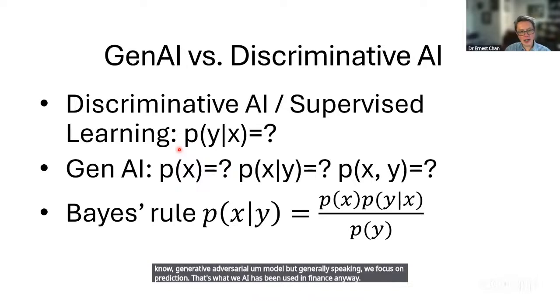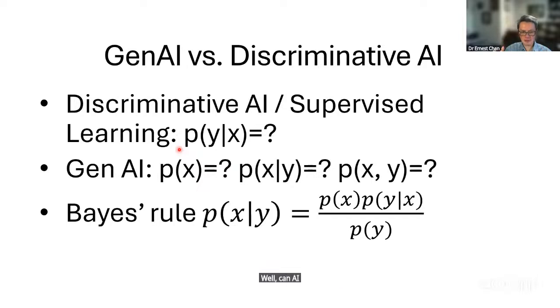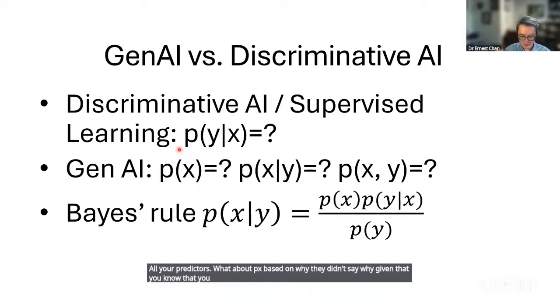Well, Gen AI asks the following question. What about P of X? What about the distribution of your features or your predictors? What about P of X given Y? That is, given that you know the outcome, let's say historically you know the outcome, what about the conditional distribution of X?